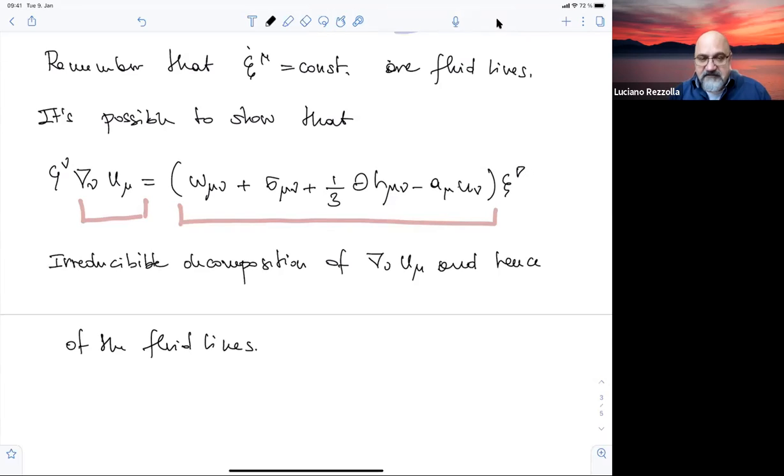Those of you who have a keen mathematical intuition can appreciate that essentially what we've done here is take this object U, which can be as generic as possible, calculate the covariant derivative in terms of these displacement vectors, and split it into terms, and each of these terms has a meaning. They are all functions of a and U, and they tell us all we possibly need to know about the kinematics of the fluid.